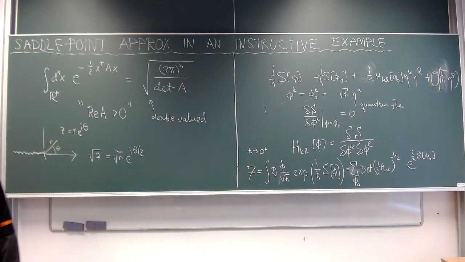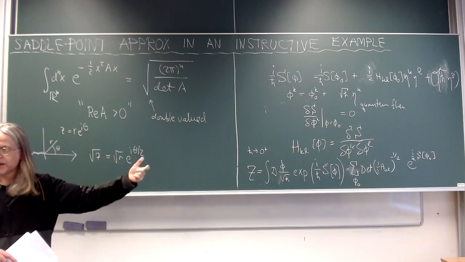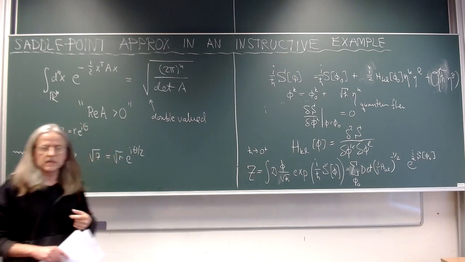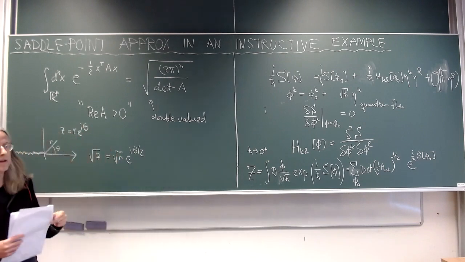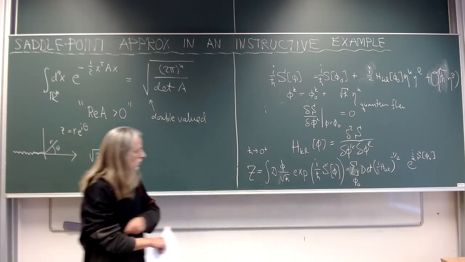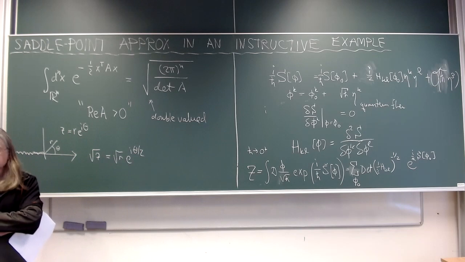This is typically what is presented first. This is like the WKB approximation, saddle-point approximation, stationary action approximation. So that's the starting point. Are there questions about this?